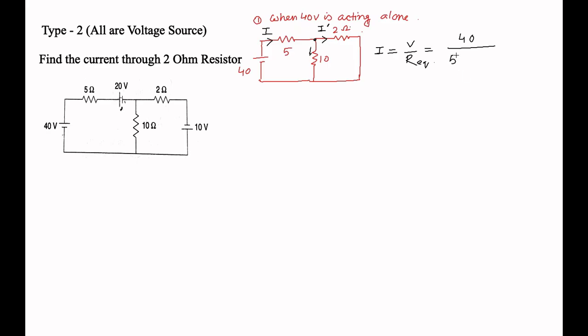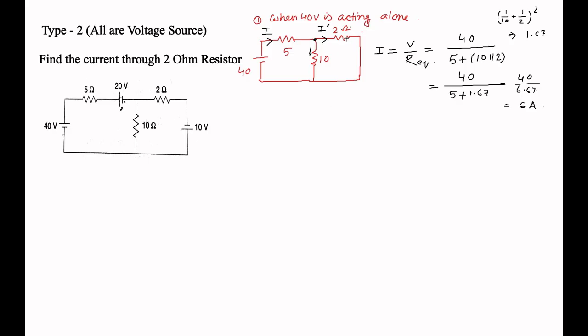So 40 divided by 5 plus 10 parallel to 2, that means 1 by 1 by 10 plus 1 by 2, and its reciprocal, it will come out 1.67. So what is the I? That is 40 by 6.67, that is nothing but 6 ampere. Okay, that means the current supplied by the voltage source is 6 ampere.